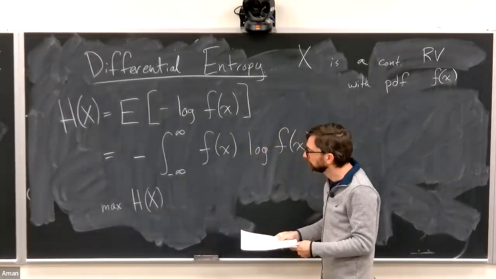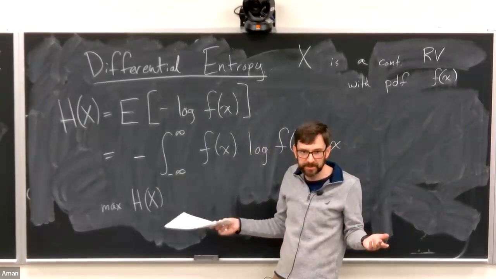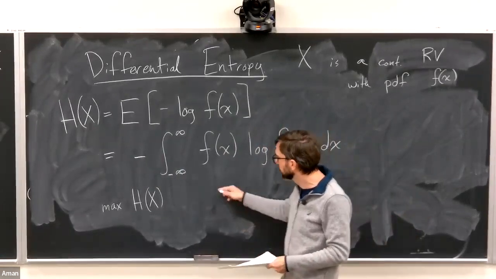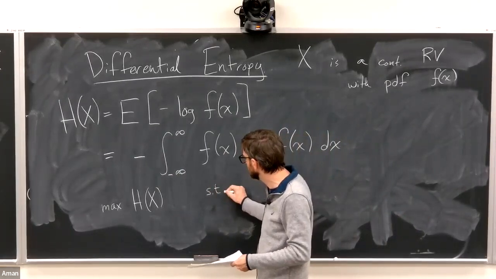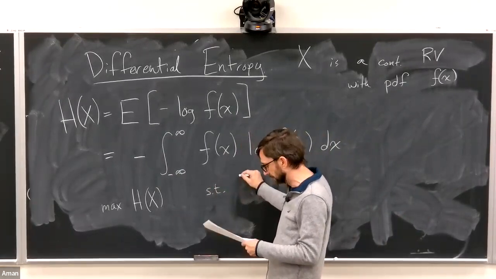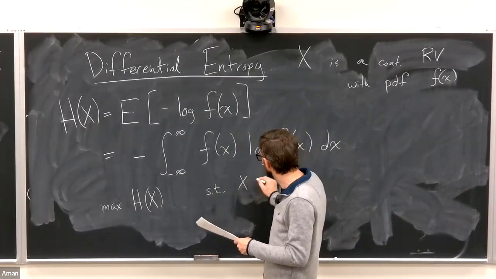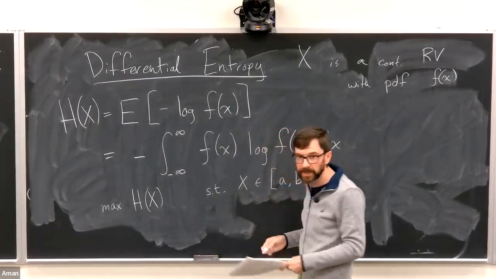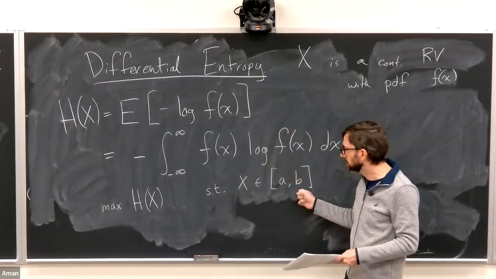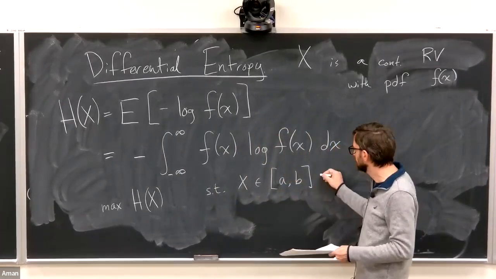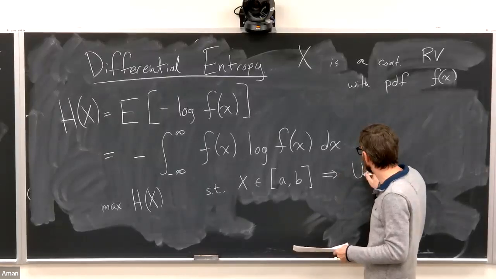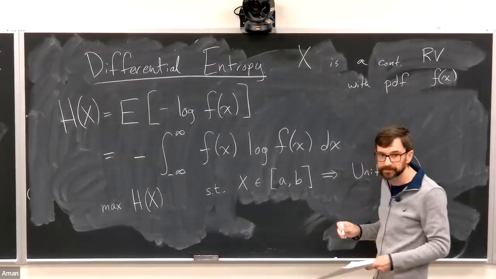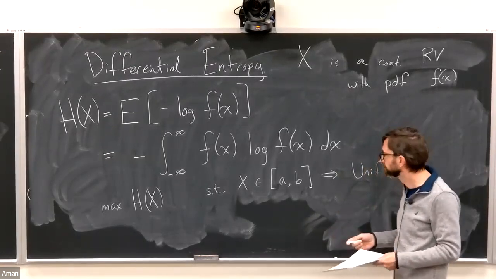So there's really no such thing as a maximum entropy distribution on the whole line unconstrained. But I can put some constraints on it to make it make sense. I can say such that x outcomes have to be within a finite interval, a to b, and as you can guess, this leads to a uniform distribution on the interval a to b, and that is well defined.